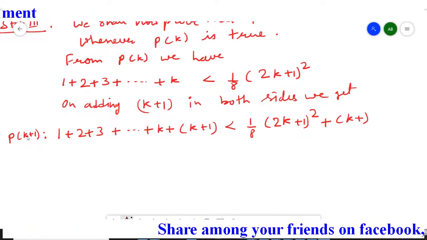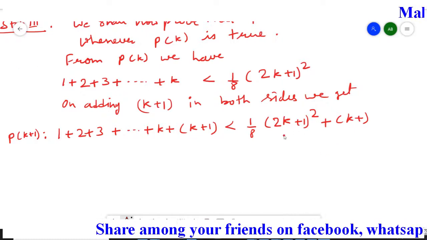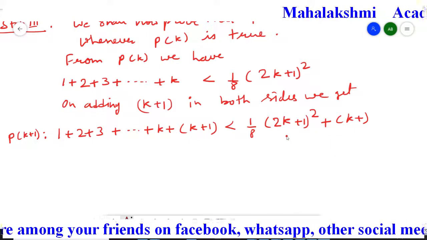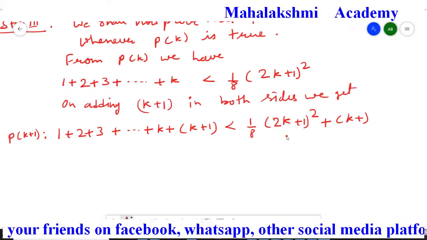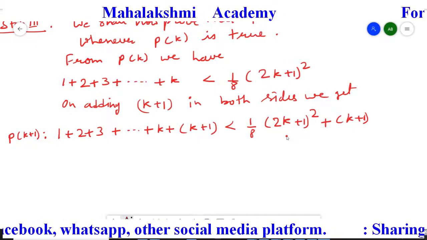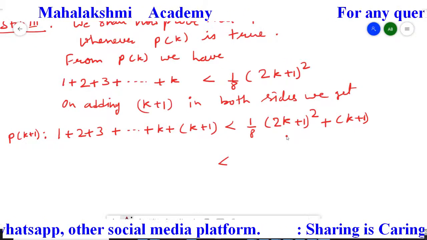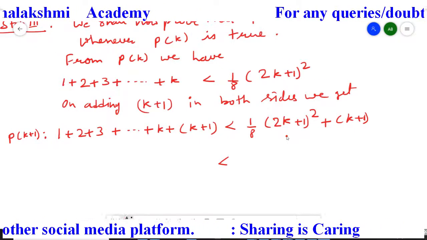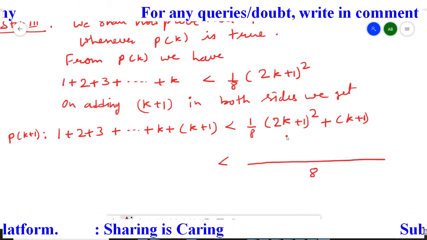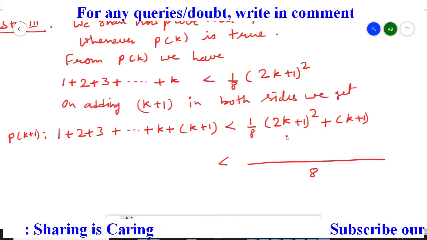Now this right hand side we have to solve further. First I am going to open this bracket by a plus b whole square, and then we'll take the k plus 1. So only the right side we are going to solve. So when we take the LCM, it is going to be here 8, and here the same bracket will come.